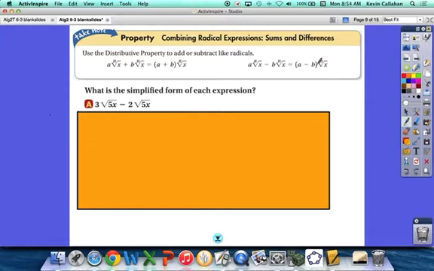For example, this one right here, are those like radicals? Are they the same index, and do they have the same expression underneath the radical? What's the index of both of those radicals? It's 2. So they have the same index, and what's inside is the same. Since it's 3 times the square root of 5x minus 2 times the square root of 5x, it's 3 minus 2 times the square root of 5x.